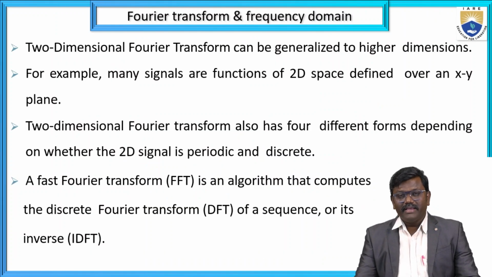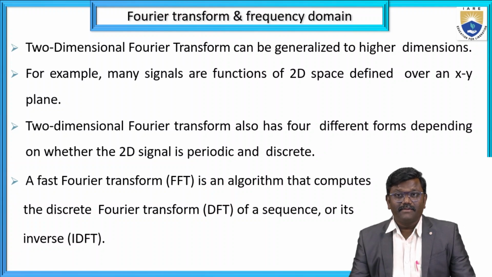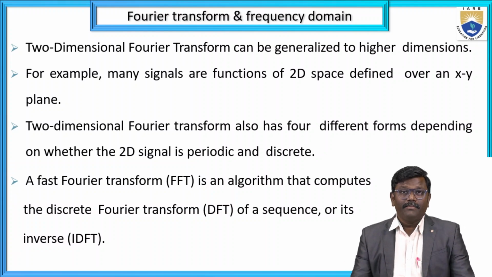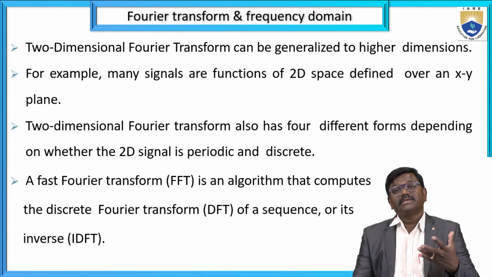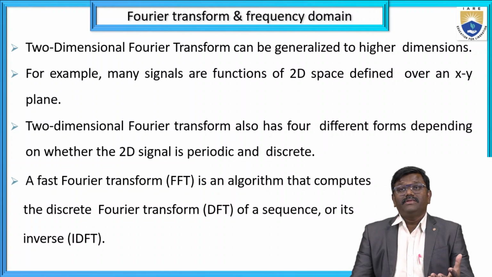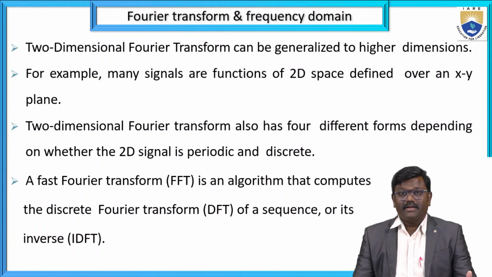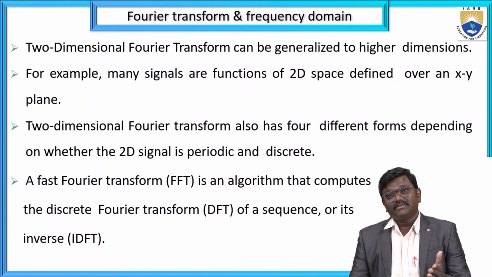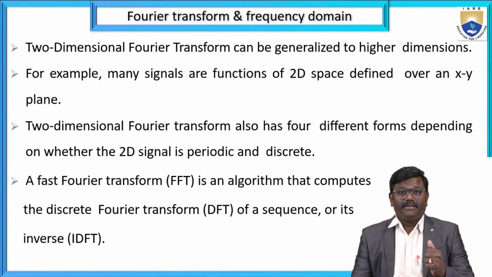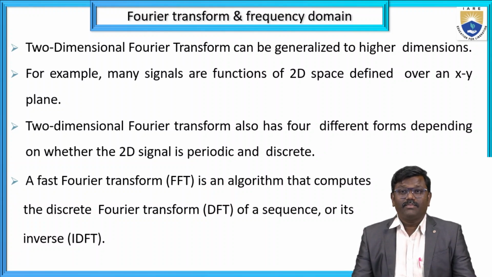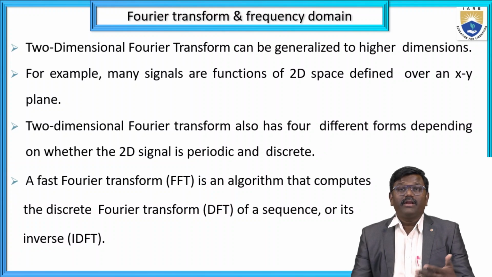We also extend our understanding beyond a specific domain: the two-dimensional Fourier transform can be generalized to higher dimensions. For example, many signals are functions of 2D space, defined over an x-y plane. The two-dimensional Fourier transform also has 4 different forms, depending on whether the 2D signal is periodic or discrete.